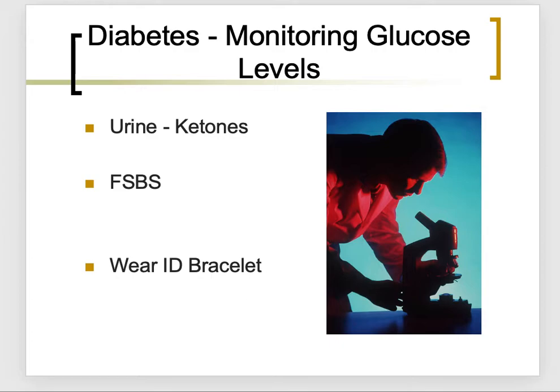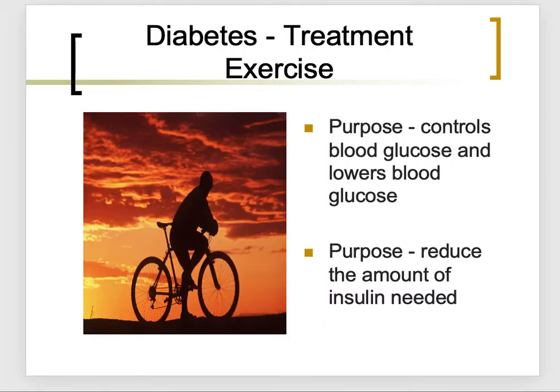Oftentimes it's going to be a diabetic bracelet, because we know post-exercise hypoglycemia can really knock them out, and we want to immediately recognize if someone is diabetic, we need to get glucose into their system. So when you're doing basic first aid, if someone has a bracelet that says they're diabetic, getting them some sugar intake is often going to change the course of the first aid you administer.